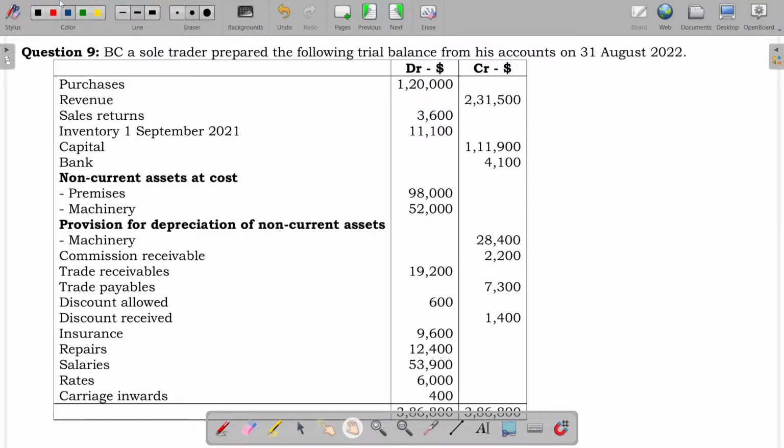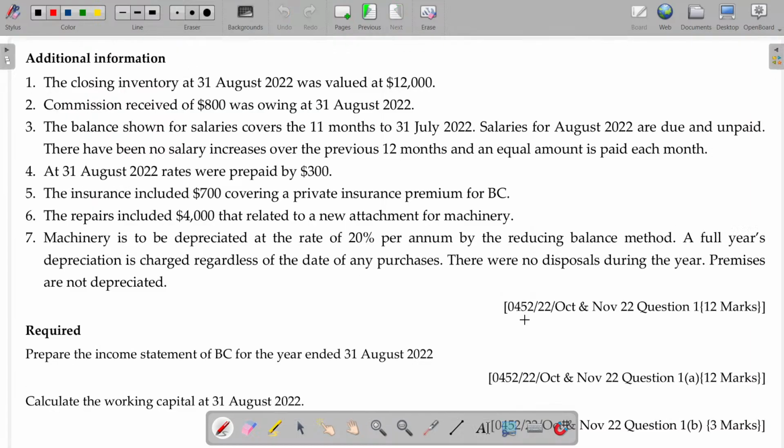Let's now move on to the 9th question. This question was also asked in October, November 22, carrying 12 marks.